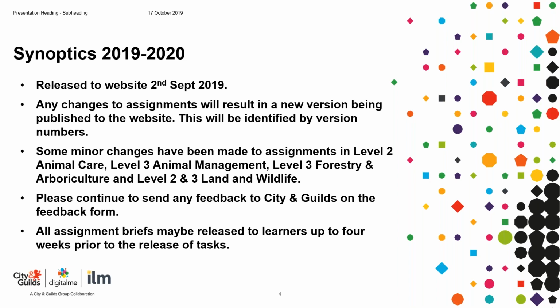We are in the process today of putting together a summary sheet that is going to sit on the website that will show the changes that have been made to date to ensure that everybody has full sight of this information. We would ask that you continue to send any feedback back to ourselves on the feedback form, and we will take you to where that is shortly.